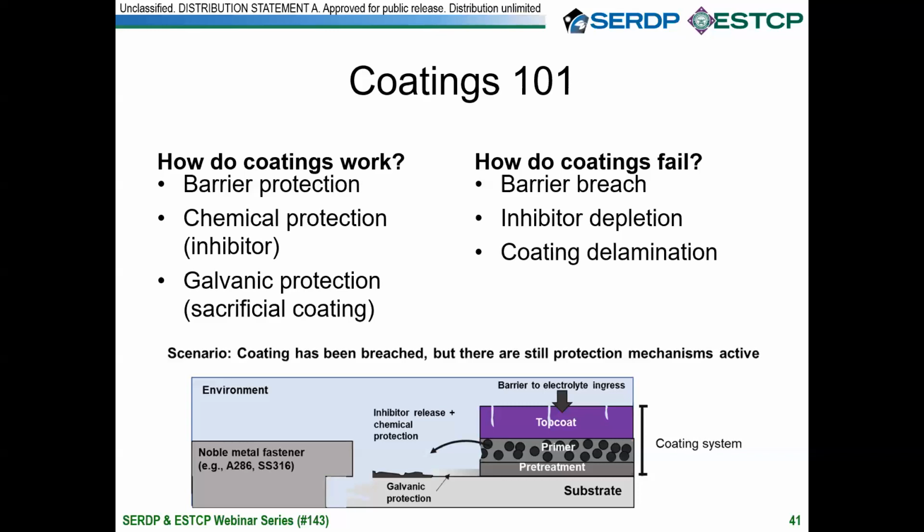And lastly, you can also get ions and water underneath the coating, which can start to delaminate or lift the coating off of the substrate. If this happens, then things like galvanic protection can actually work against you. For instance, if you have a noble fastener, then the substrate will corrode to protect the fastener, which is not usually something you want.